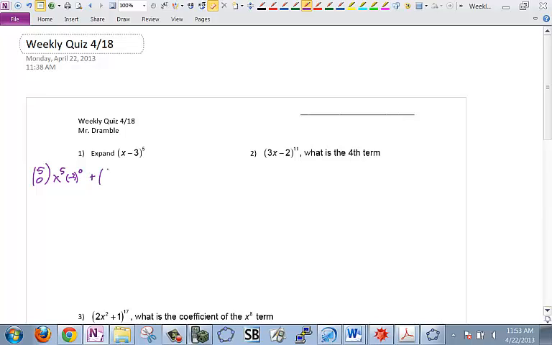The next term becomes 5 choose 1, x to the 4th, negative 3 to the 1st. 5 choose 2, x to the 3rd, negative 3 to the 2nd. 5 choose 3, x to the 2nd, negative 3 to the 3rd.